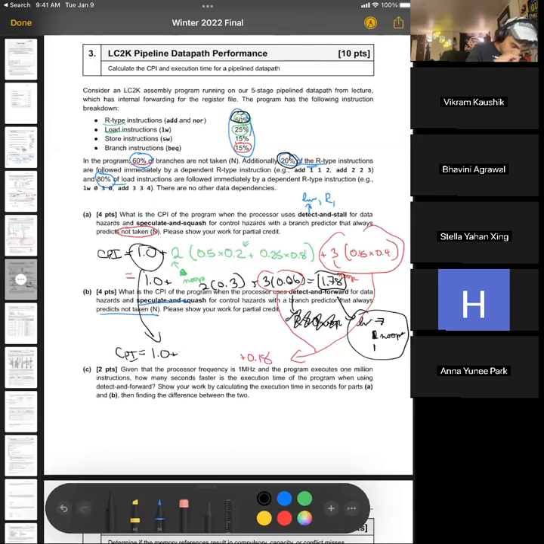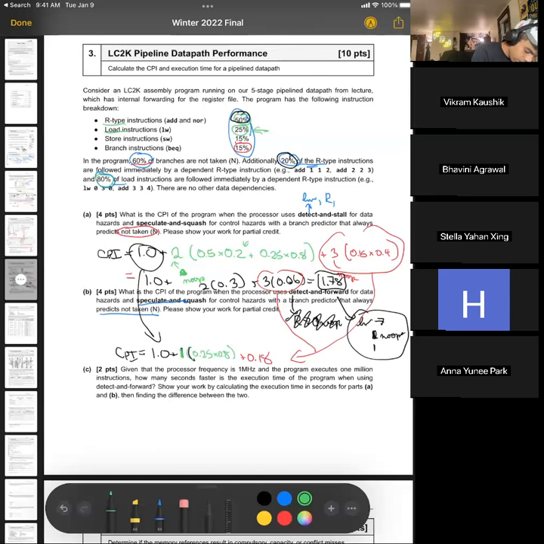And so we just do 1 times, I'll switch back to green, 1 times the frequency of these load dependent instructions. So once again, it's going to be 0.25 for our 25% load instructions, and 80% of these have dependencies.